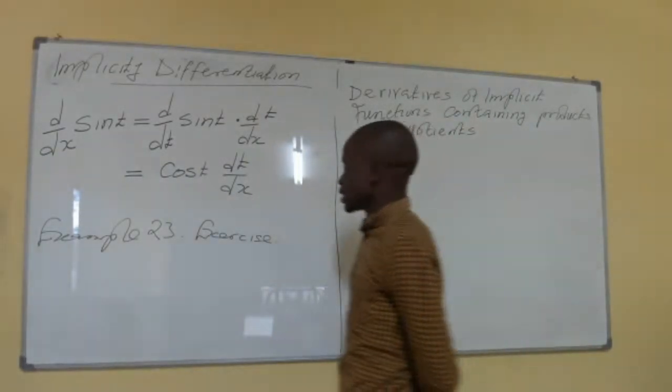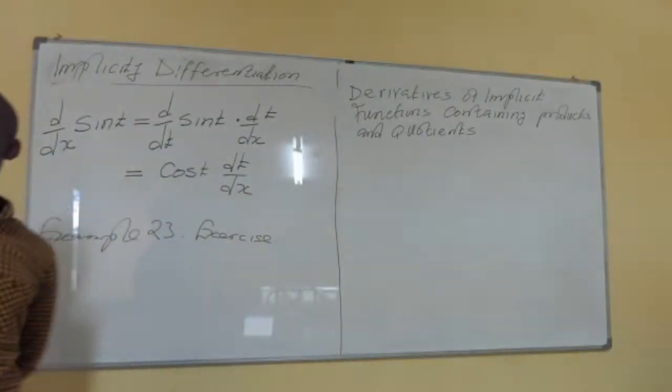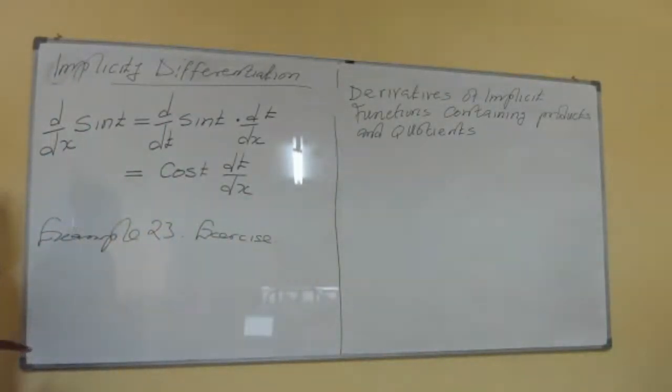So we are looking at derivatives of implicit functions containing products or quotients.